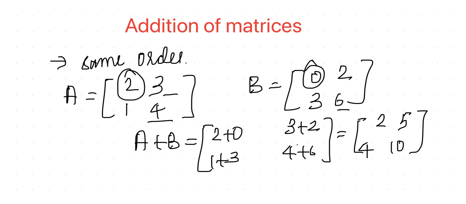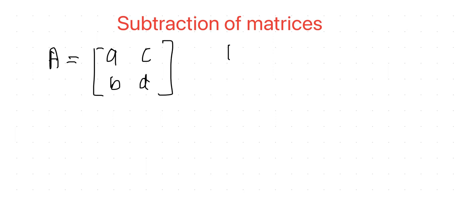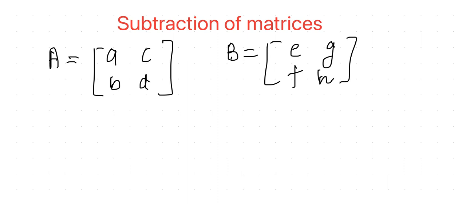Okay, so this is the thing, and the next thing that we'll be looking into is the subtraction of a matrix. So in subtraction of matrix, children, suppose I am having a matrix A which is denoted by a, b, c, d, and the condition is also the same, children, that they should have the same order. And suppose I have another matrix B which is e, f, g, h, then upon subtraction A minus B becomes what?